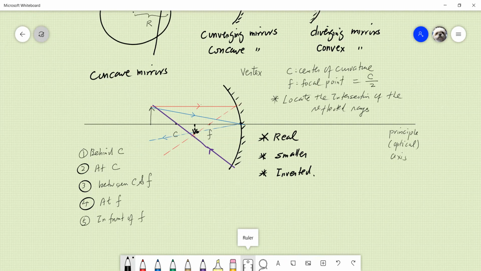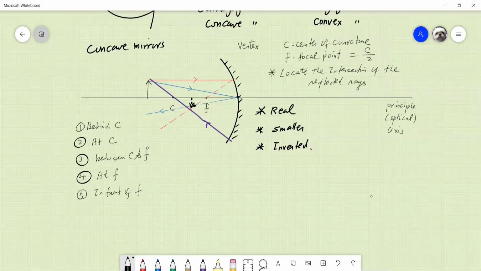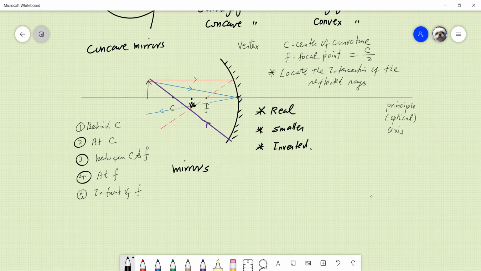Now, this we call the graphical method, but we also have an analytical method. The analytical method means I'm going to use the mirror equation. This mirror equation will be the same as the lens equation later.